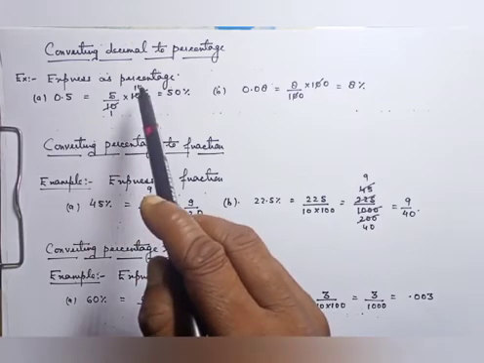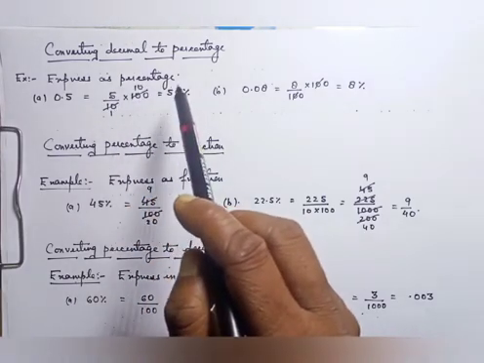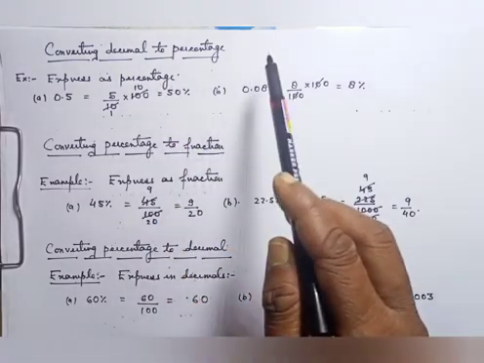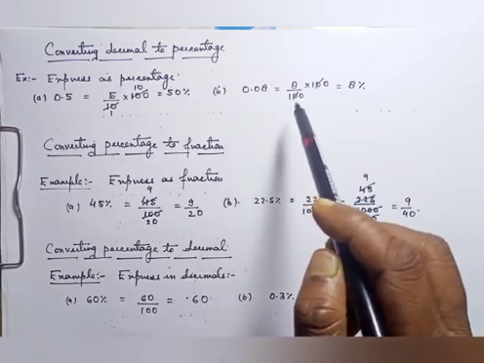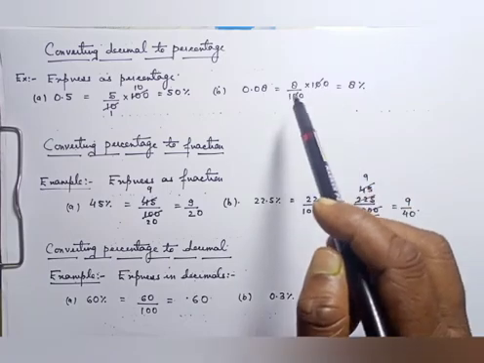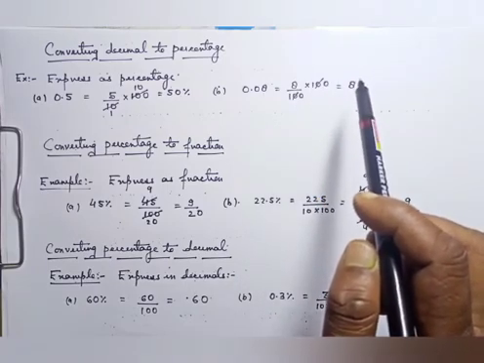So 10 tens are 100, 5 tens are 50, that is 50% is the answer. Now 0.08 is given. Simply remove the decimal and add 100 to the denominator, so it will be 8 upon 100 into 100. So the 100s cancel, so 8% is the answer.